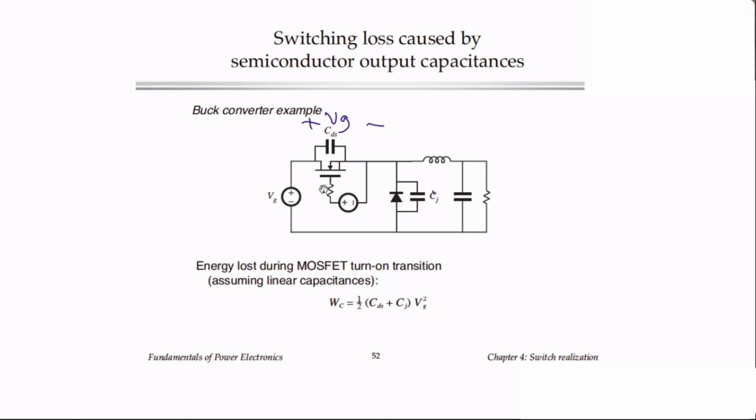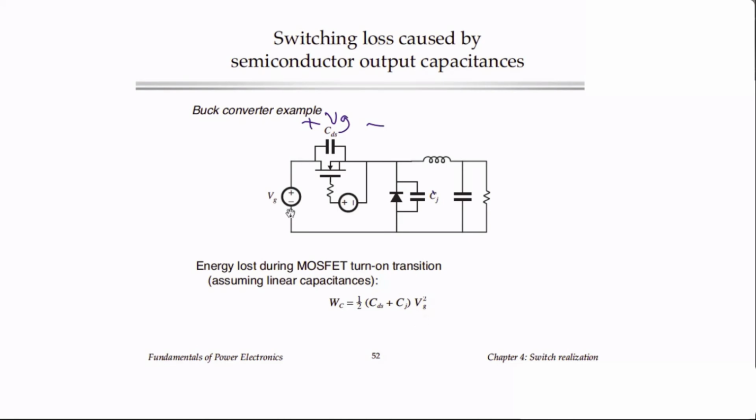So if this is a linear capacitance, we can say that this capacitance stores energy equal to 1/2 CV squared, where here C is the effective capacitance of these, if these were linear capacitances, and VG is the voltage at the input of the converter.